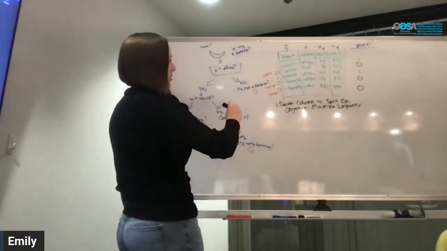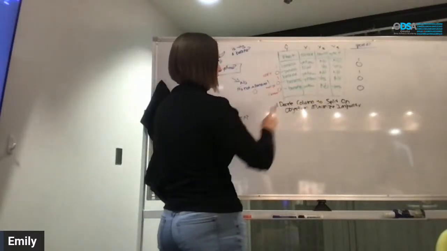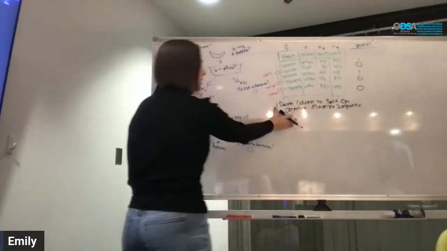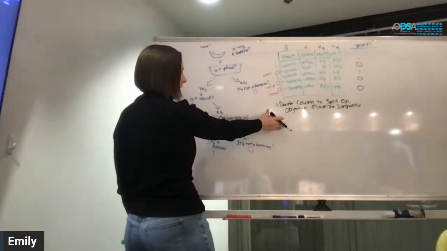So anyways, what this is going to do is iteratively continue to look at it. Let me take a step back. The first thing we're going to do is decide a column to split on.